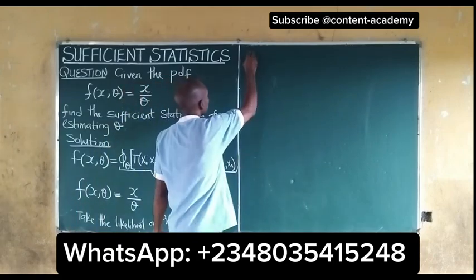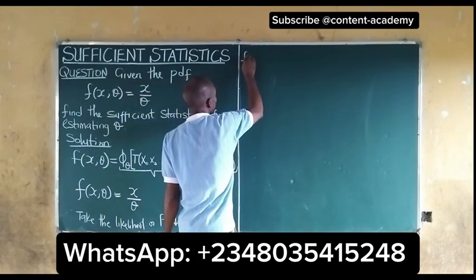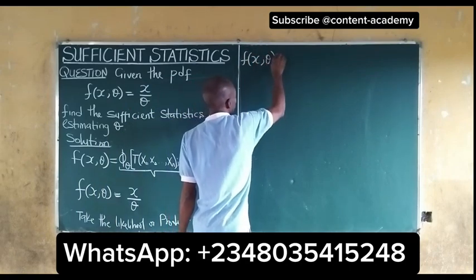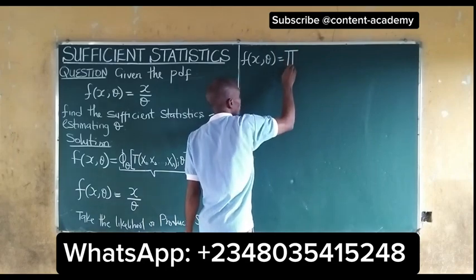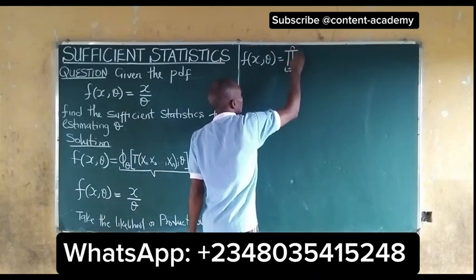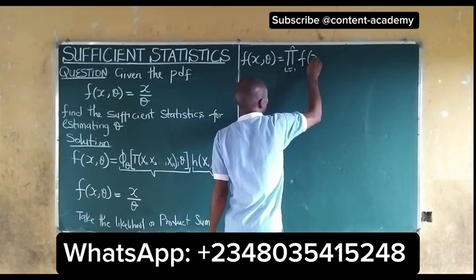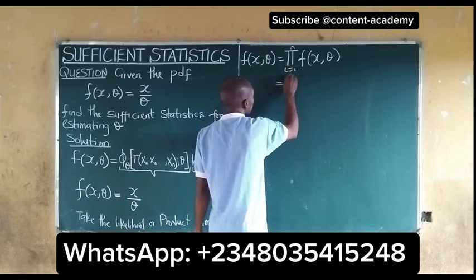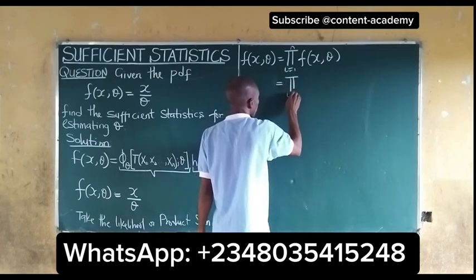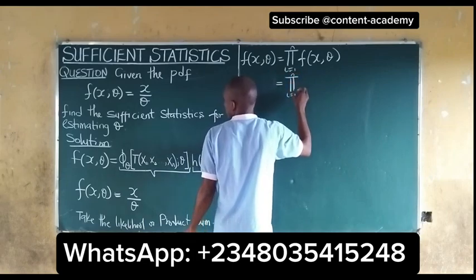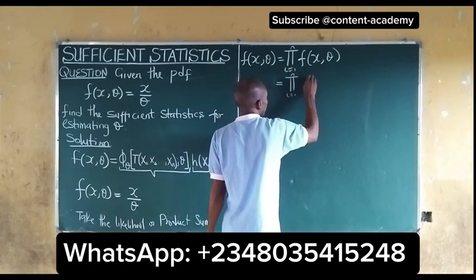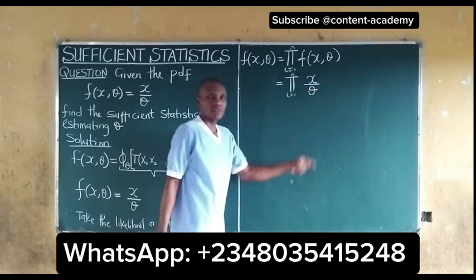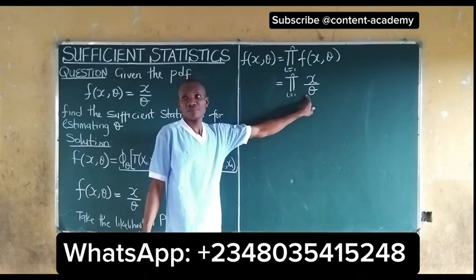So how is it written? The product sum for the given PDF is equal to the product sum with the symbol of the given PDF, which is equal to the product sum of x all over theta. So we are finding the product sum of this.